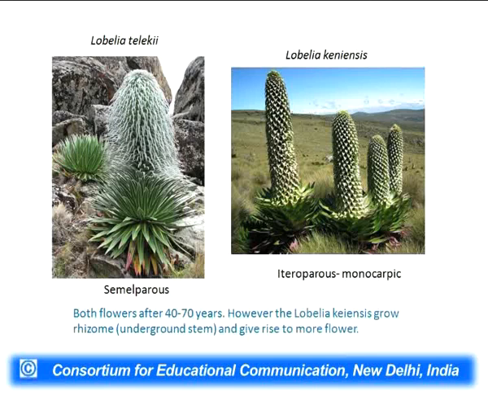However, each and every stem, or here each and every plant, is like a monocarpic plant. So, it is an iteroparous plant made of monocarpic units, where the plant lives long, is perennial, and gives rise again and again, but each and every individual plant is like monocarpic, which cannot flower more than once.